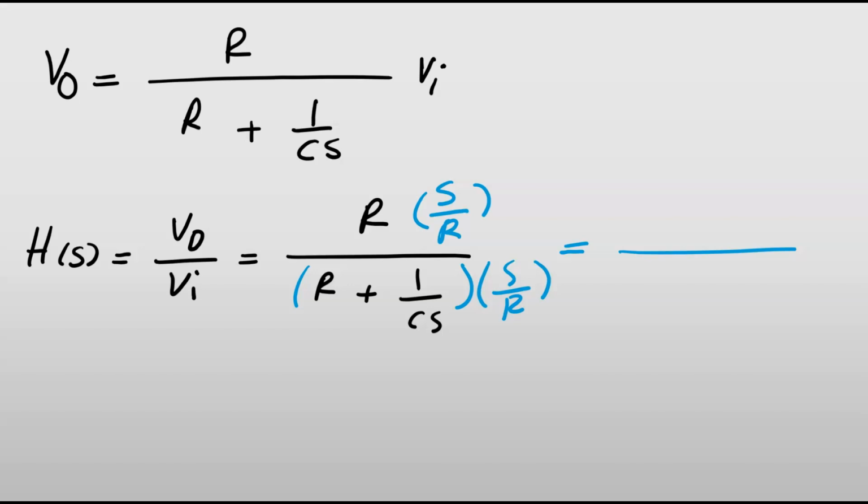If I do the multiplication, what I'm going to have in the numerator is S. And in the denominator, the first term will be S, the second term, S cancels out S, and I'm going to have RC. So now you can see what I have here is basically the transfer function of a high-pass filter. Why? Because we discussed that whenever you have a constant in the numerator, that means that you're looking at a first-order low-pass filter.